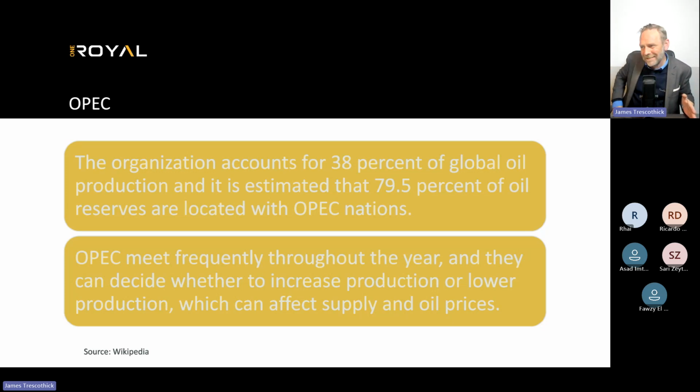It accounts for 38% of global oil production. And it's estimated that 79.5% of oil reserves are located within the OPEC nations. And like I say, they meet frequently throughout the year and they can decide whether to increase production or lower production, which in turn can affect supply and oil prices.